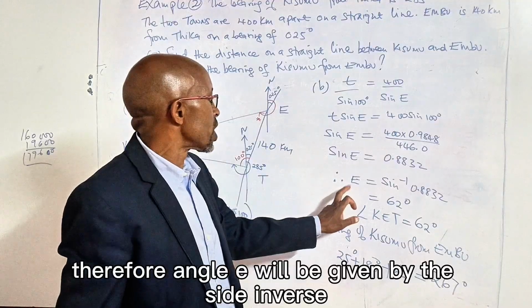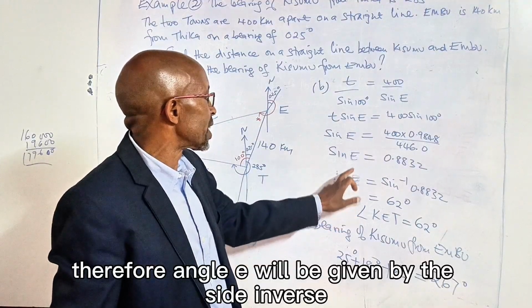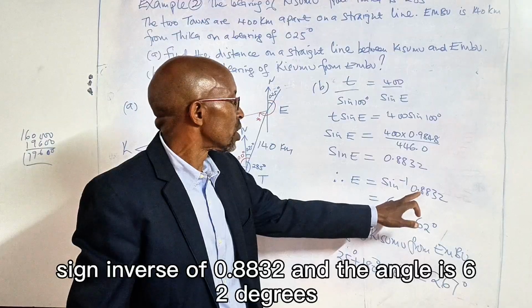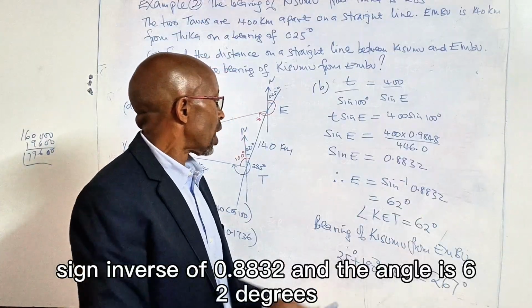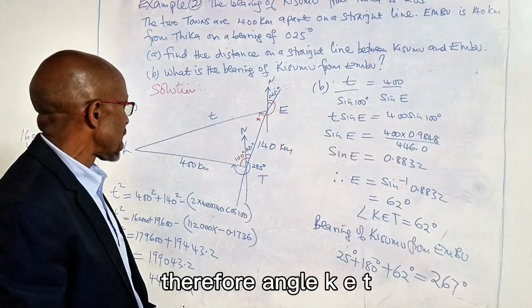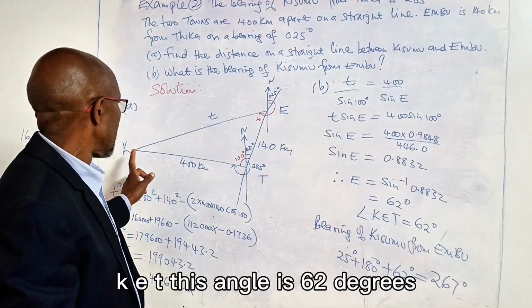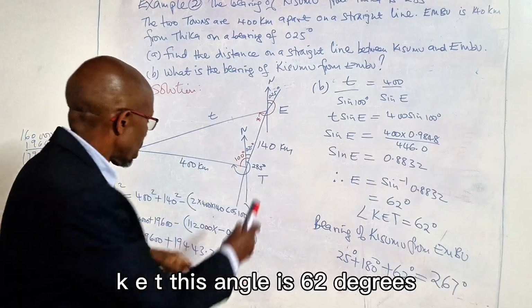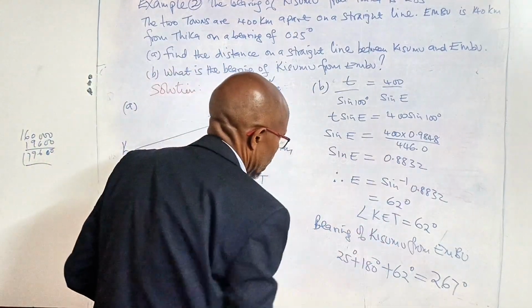Therefore, angle E will be given by the sine inverse of 0.8832, and the angle is 62 degrees. Therefore, angle KET, this angle, is 62 degrees.